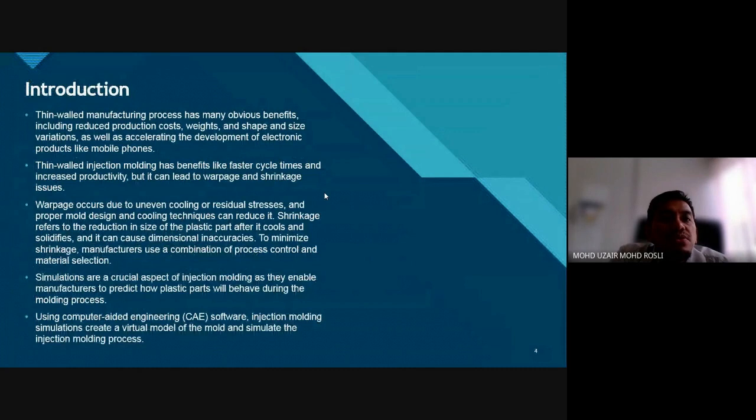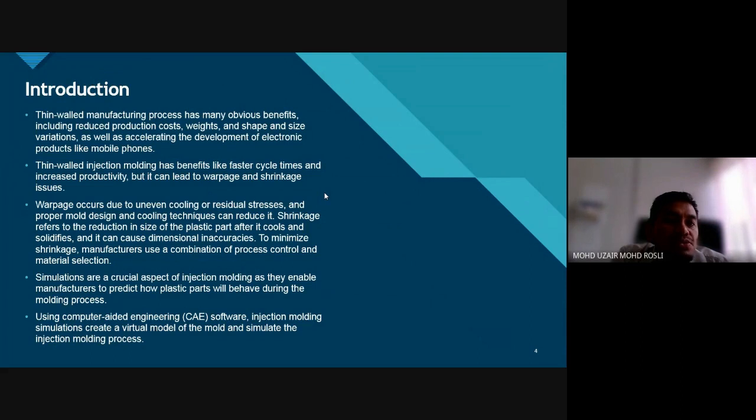As we know, thin wall manufacturing process has many obvious benefits, including reduced production costs, weight, shape, size variation, as well as accelerating the development of electronic products like mobile phones. So thin wall injection molding has benefits like faster cycle time and increased productivity, but it can lead to warpage and shrinkage issues.